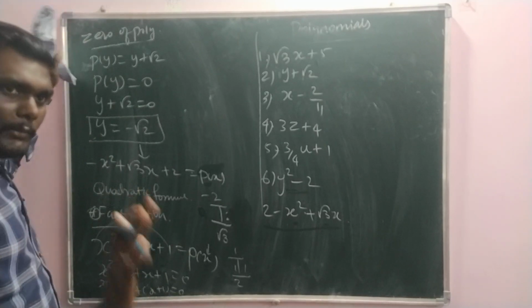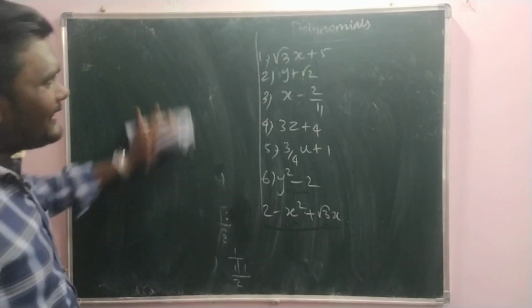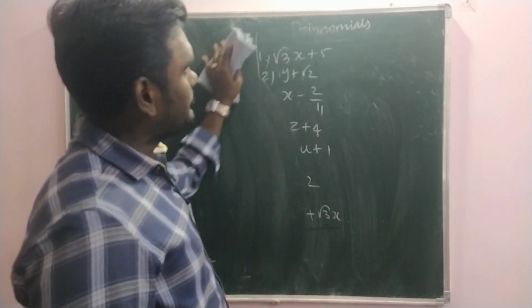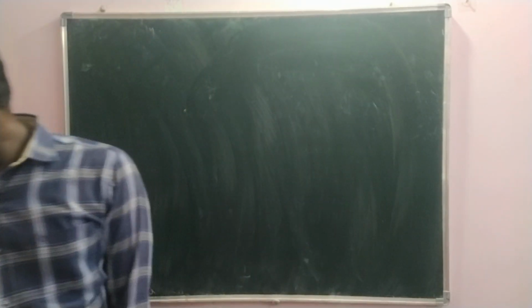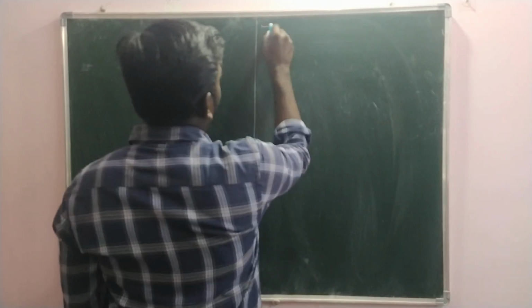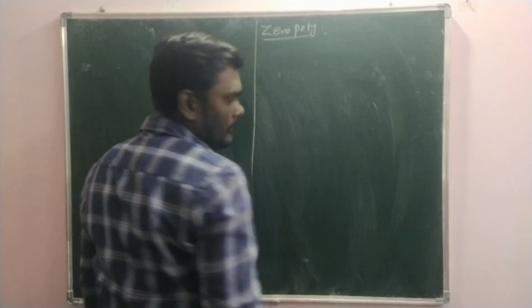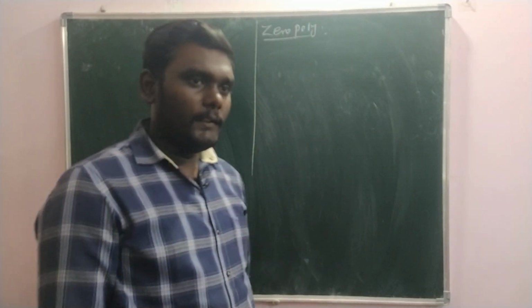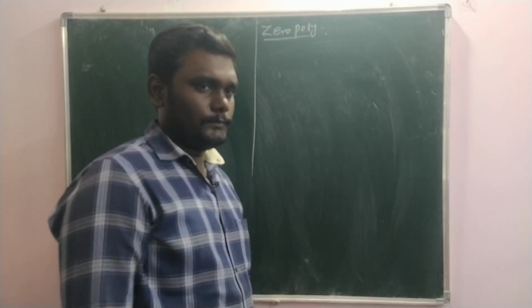So 0 of a polynomial understood. There is one terminology called zero polynomial. You heard of this? What is the difference between 0 of a polynomial and zero polynomial? See, the zero polynomial means in a polynomial all the coefficients are 0.